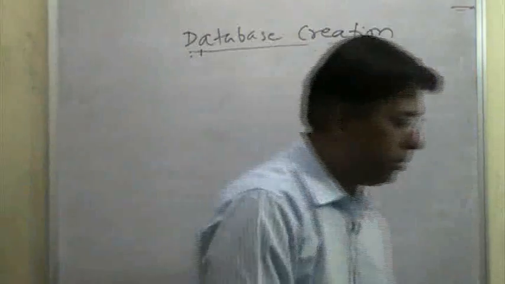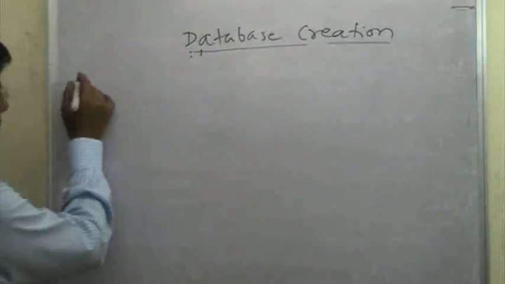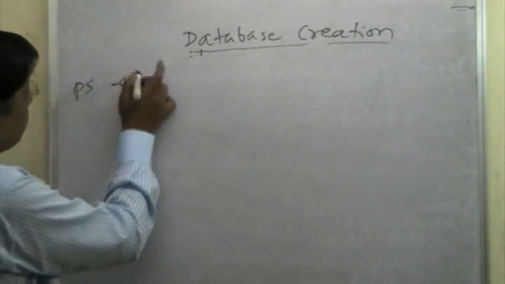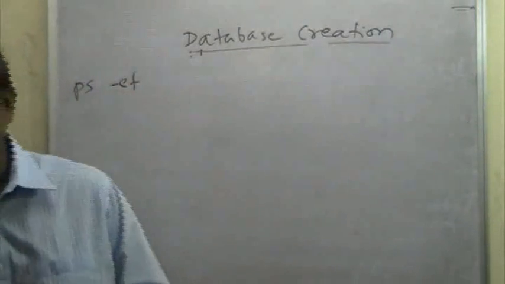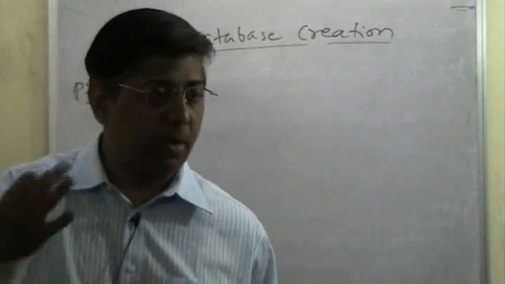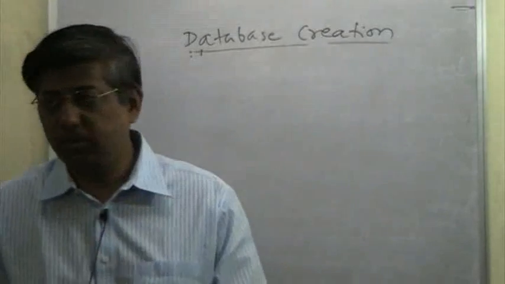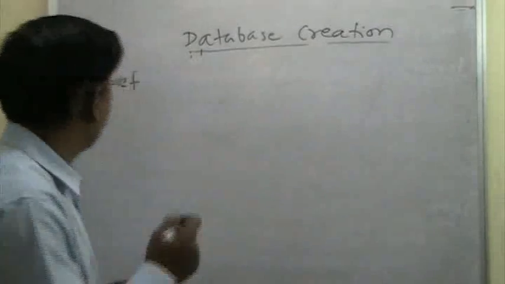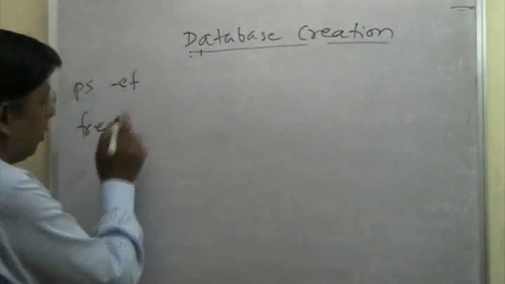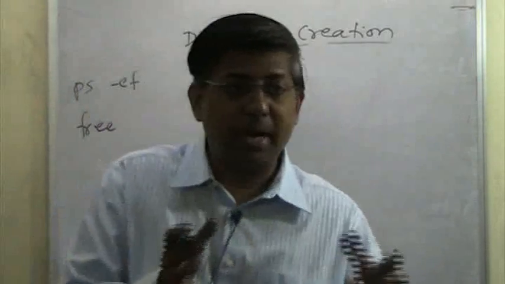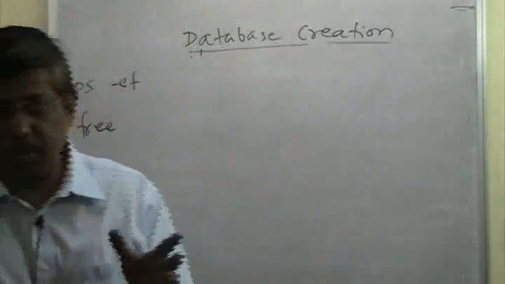create the database. So now you are inside SQL Plus. At this time, if you go to another session, another window after you start up the command, you type the command ps -ef, you will see those processes. Which processes? LGWR, DBWR, PMON, SMON. Those processes will be displayed as Unix processes. At the same time, if you fire the command free, then you will suddenly realize that the amount of memory has been reduced by that SGA, or somewhere close to that.